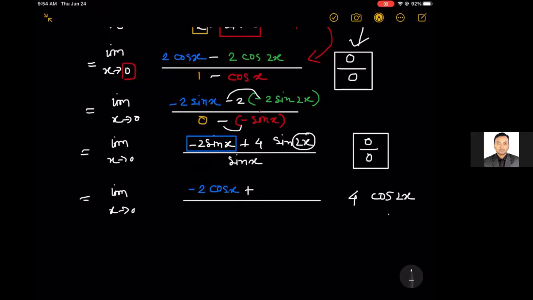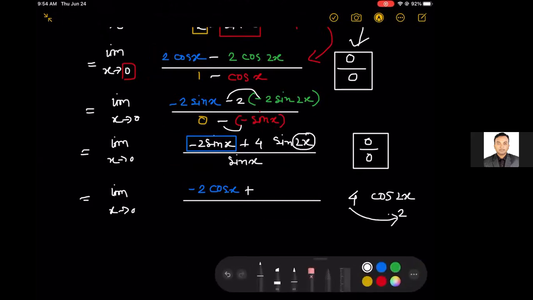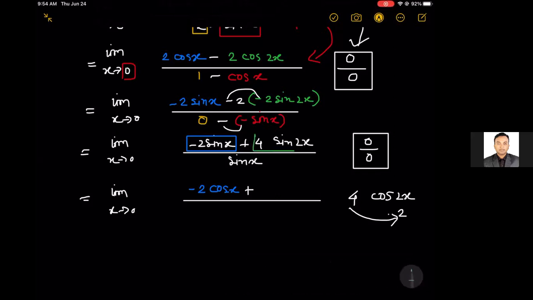The derivative of 2x is 2. So it will be 4 times 2, 8 cosine 2x.